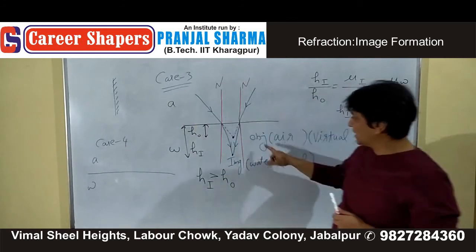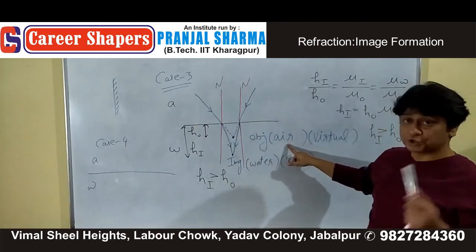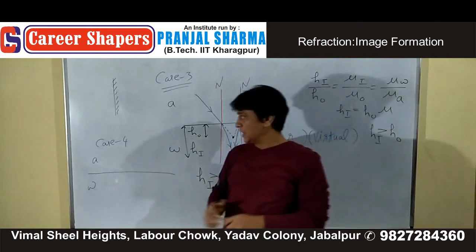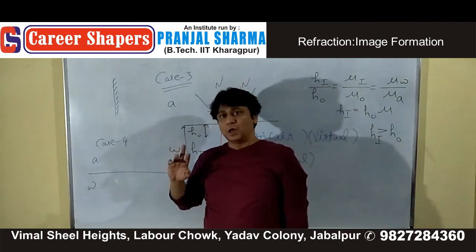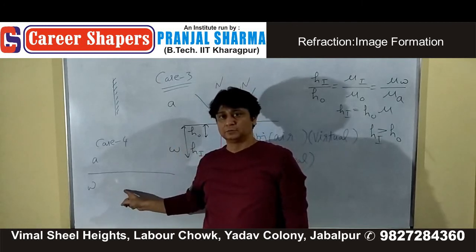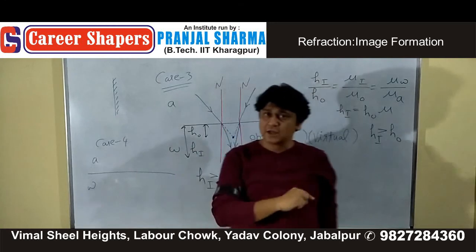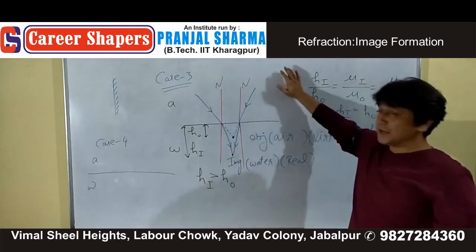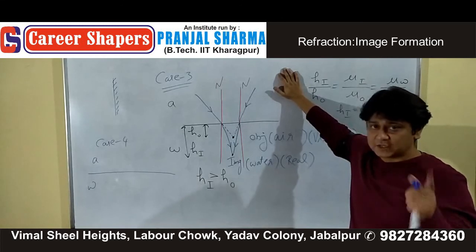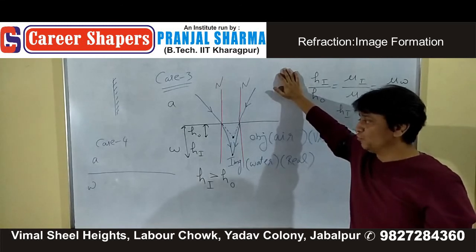In here, object is in air, which is rarer medium. Now, what is case 4? Write down this. In case 4, object is in denser medium and is virtual.